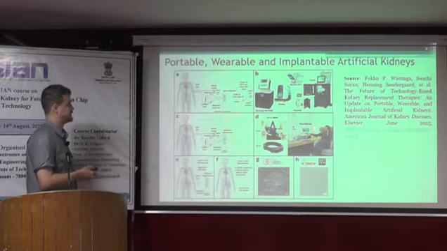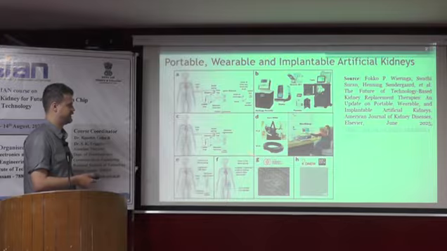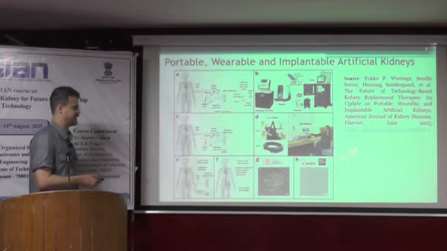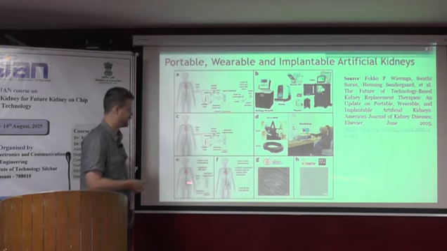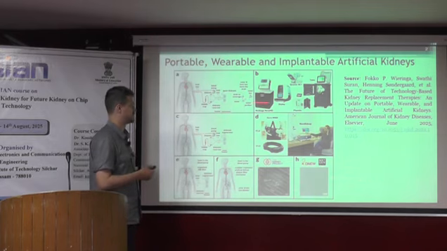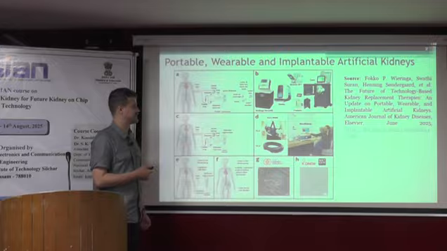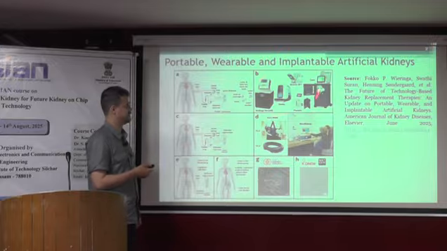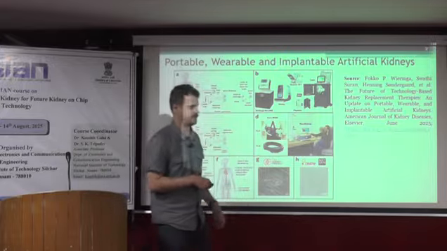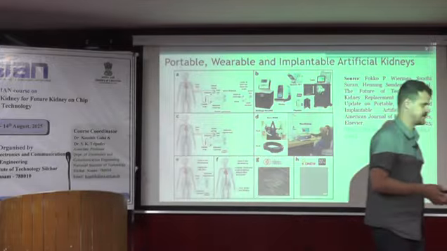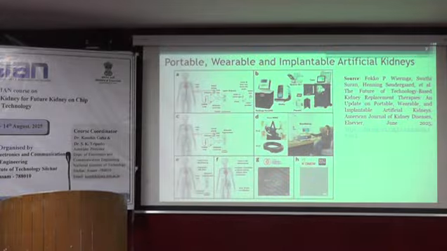So it's not just the development of very groundbreaking technologies like the wearable artificial kidney or implantable artificial kidney. First and foremost, the most desirable type of technology at this point would be the portable artificial kidney, for the exact reason that we already possess the necessary technologies to implement home dialysis at the patient's home without a requirement to go to specialized dialysis centers.